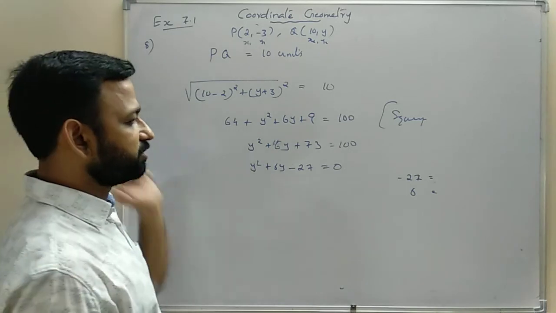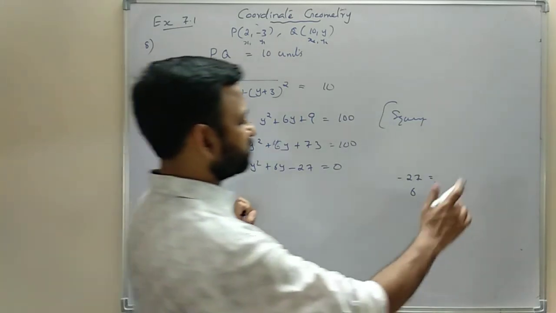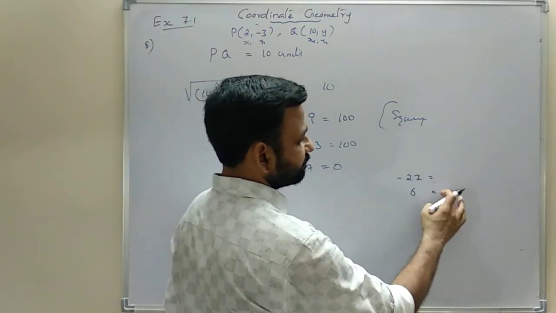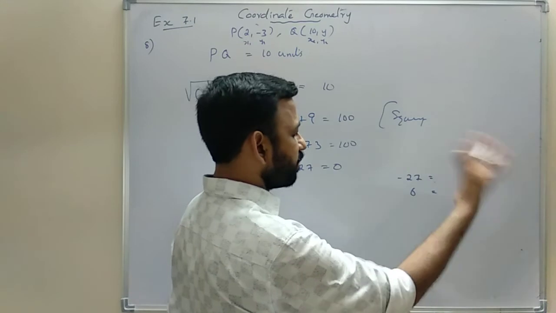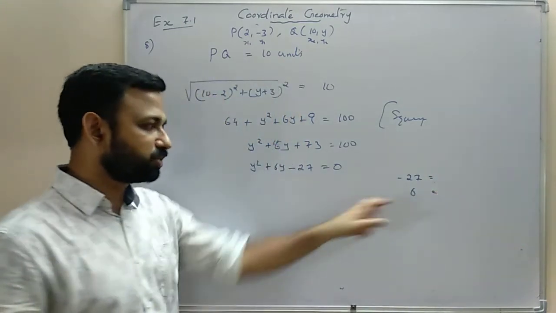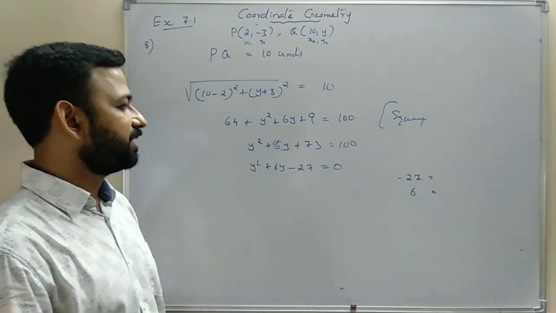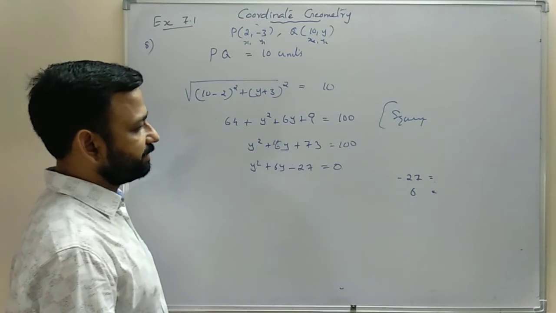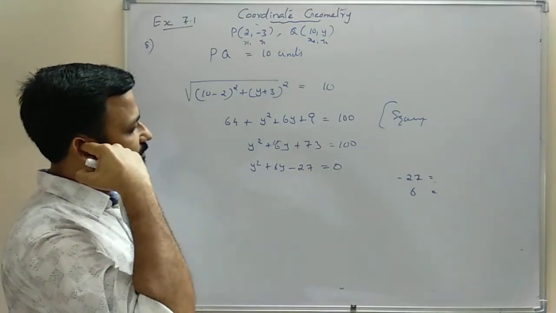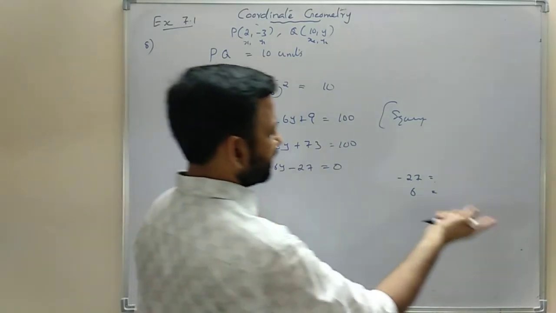Product minus 27 means the bigger number is positive and the smaller number should be negative, then only their sum will be positive and their product minus 27. So here we can find 9 and 3.